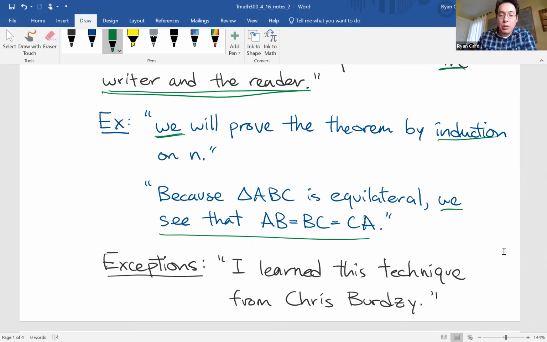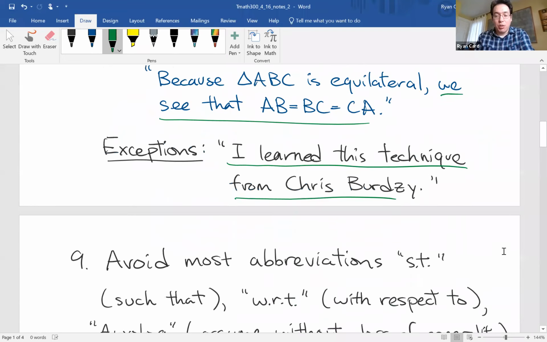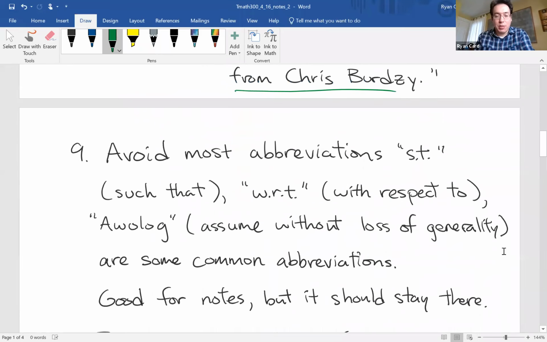With this sentence, you're giving credit for where you learned the technique to prove something. So then you're not talking about you and the reader, you're talking about yourself. So that's a minor example of an exception. But most of the time you use the word we whenever you refer to yourself.